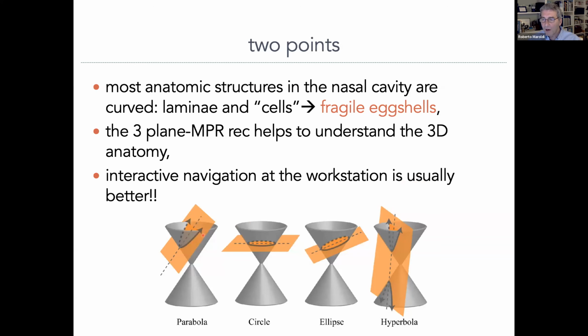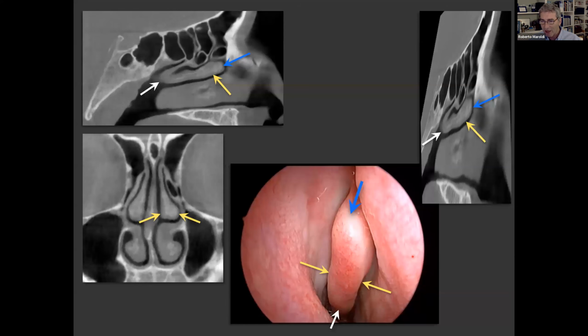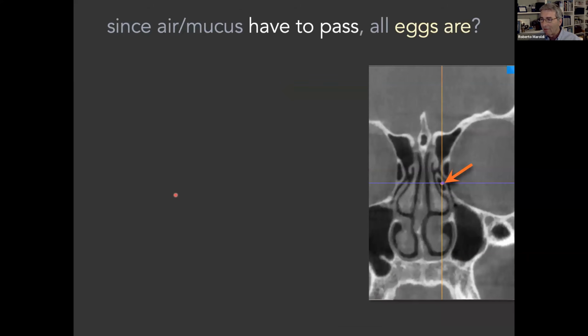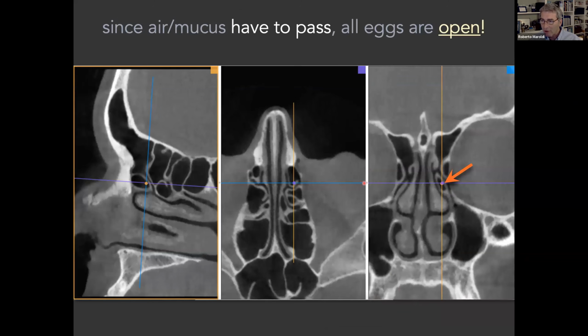We have to be very careful when we see something that we assume to be a balloon, because we are cutting structures with a section that can be differently oriented in space. For example, originally we called this pneumatization of the uncinate process on the left side, which is not at all a reality, because this structure is actually simply the bending of the uncinate process, and therefore the bending with the intersection in the coronal plane will give you a recess, it's not a balloon.